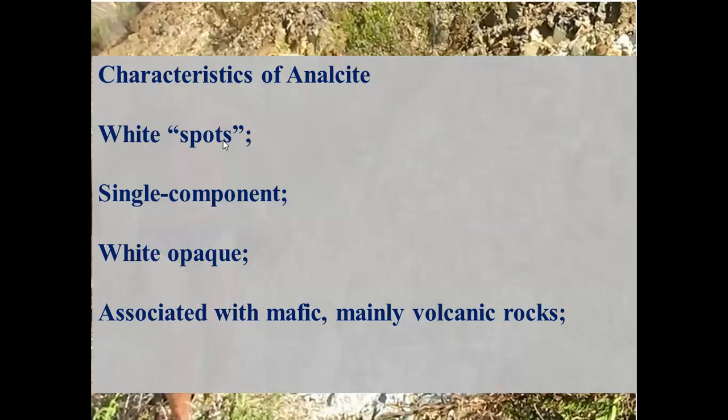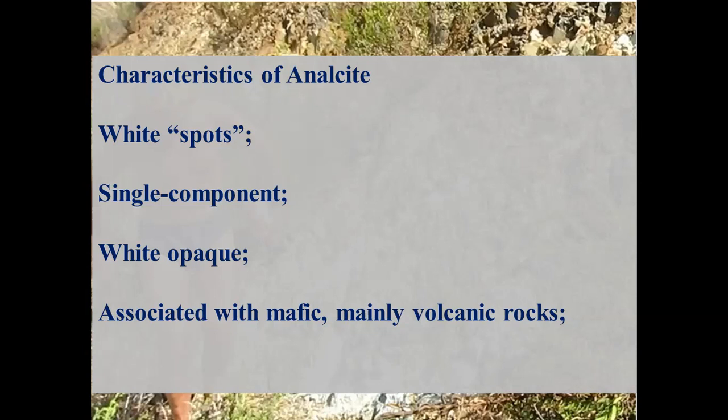Well, white spots, single component, that's the differentiator between the pseudoleucite that we saw just now and analcite. It's white and opaque, and sometimes it's becoming subhedral; you do get good crystals, but they're not formed, generally speaking, under normal modes of formation, i.e. crystallization of igneous rocks.